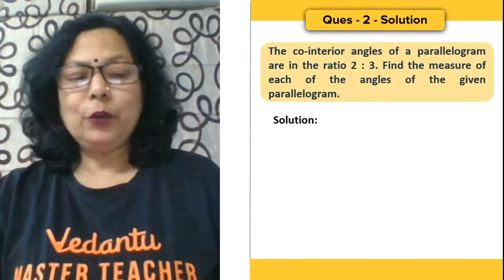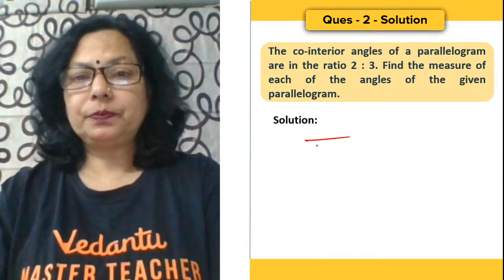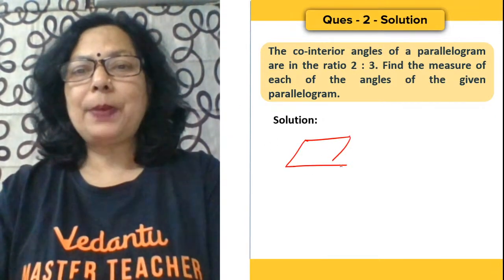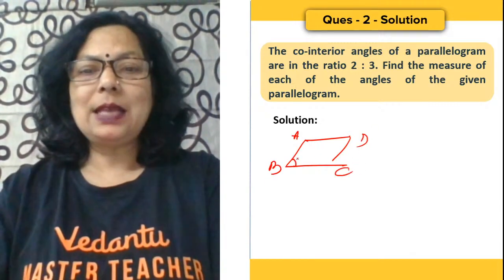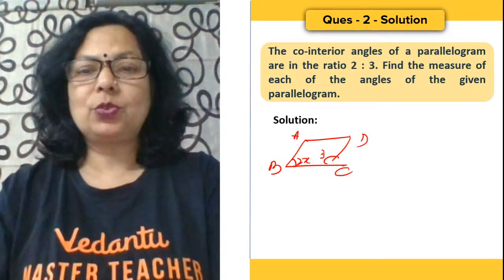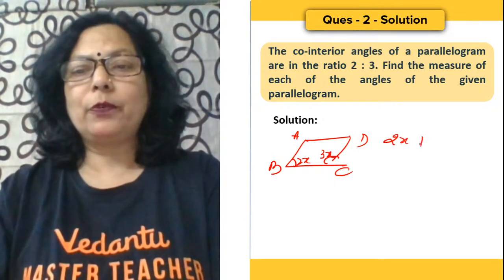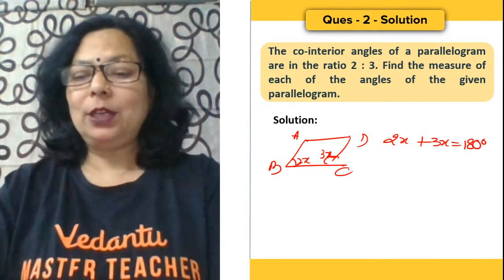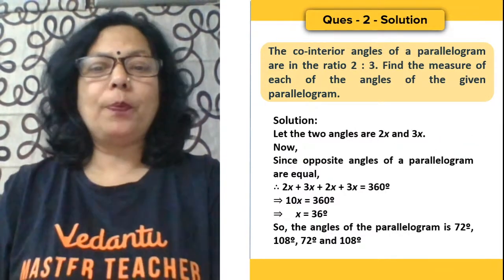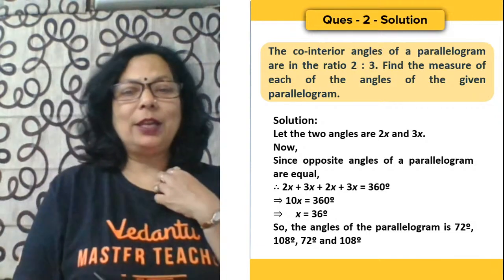If this is the parallelogram ABCD, and this angle is 2x, this angle is 3x, you know that the sum of 2x plus 3x is equal to 180 degrees. You get the value of x, which is 36.